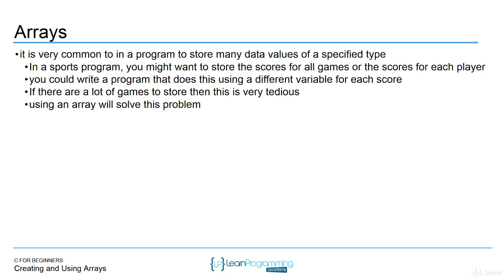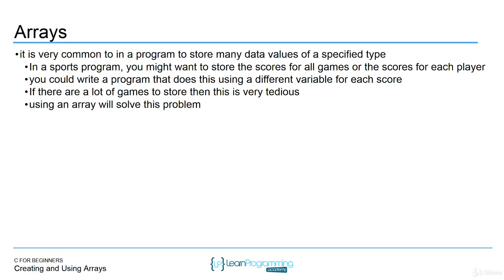In baseball, there's 162 games. If we were to write a baseball program that wanted to store some stats, we would have to create 162 variables for each game to keep the score. Now that is a pain in the butt. It would be very tedious and it's really just too much.